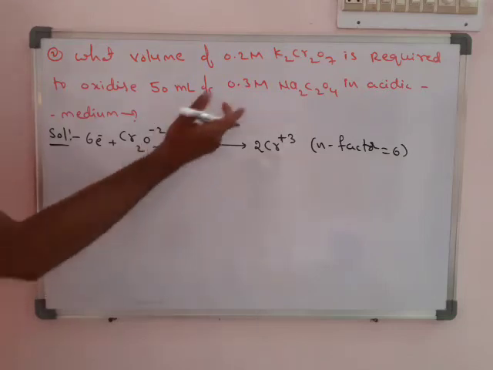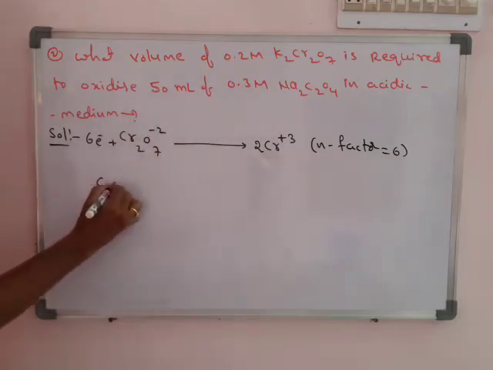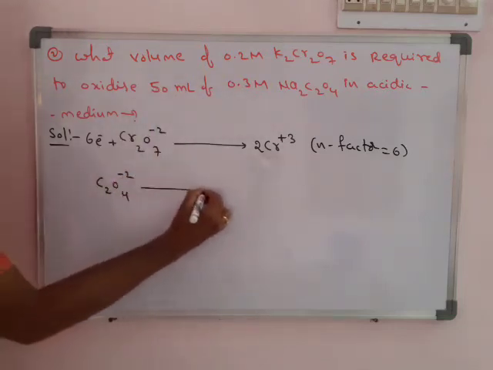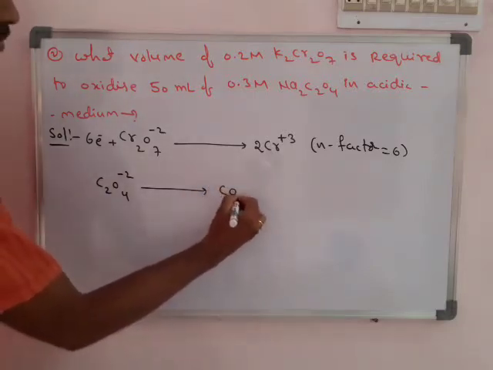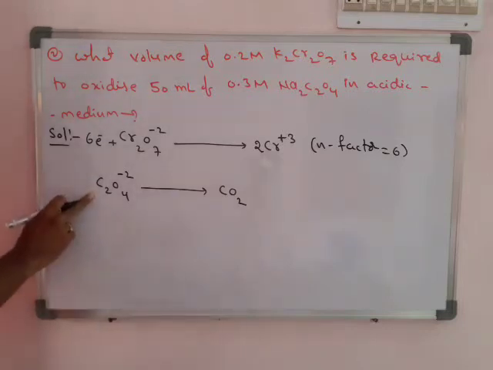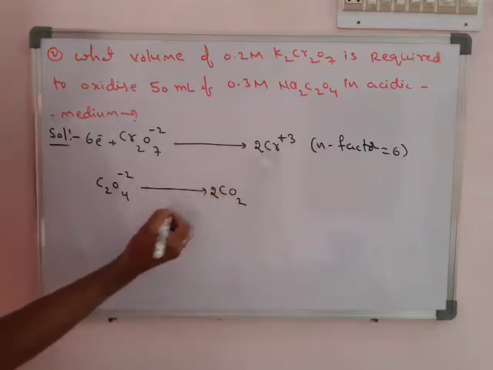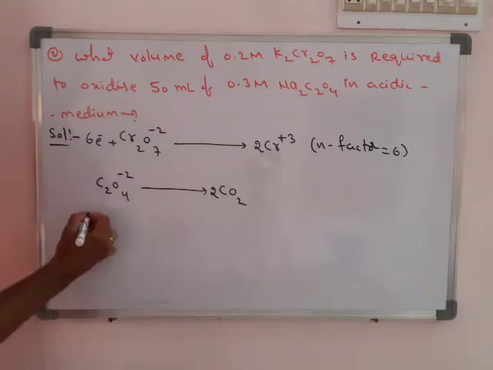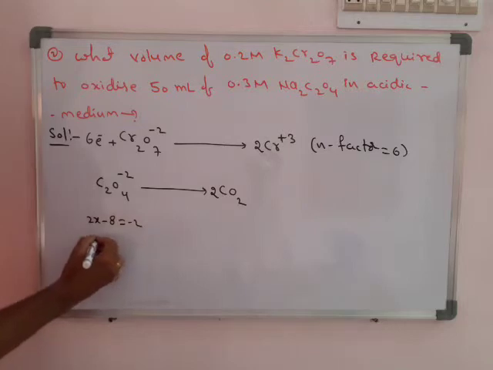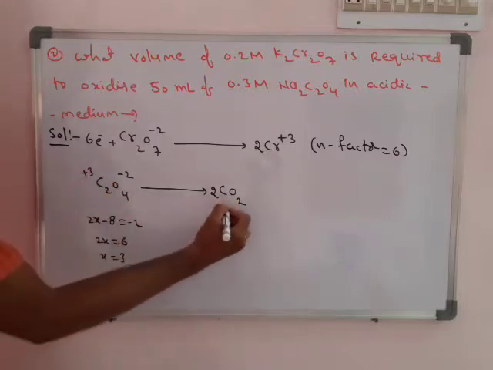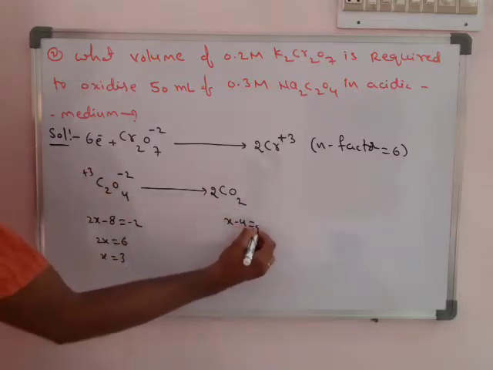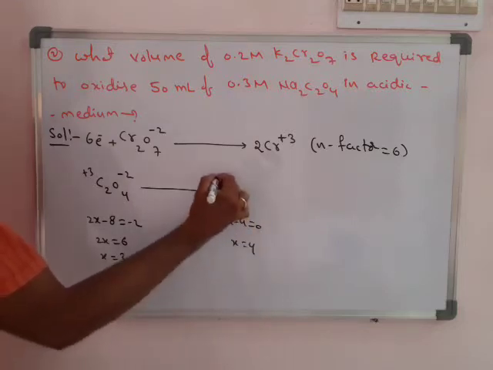So it itself is reduced, and it oxidizes the oxalate. We know that C2O4 minus 2 is always oxidized to carbon dioxide. What is the number of electrons? What is the oxidation number of carbon? In oxalate it is plus 3, in carbon dioxide it is plus 4.